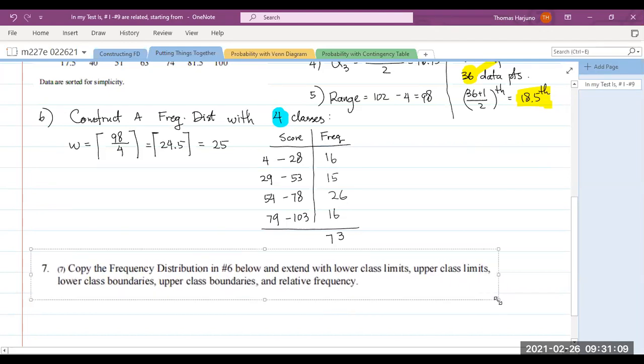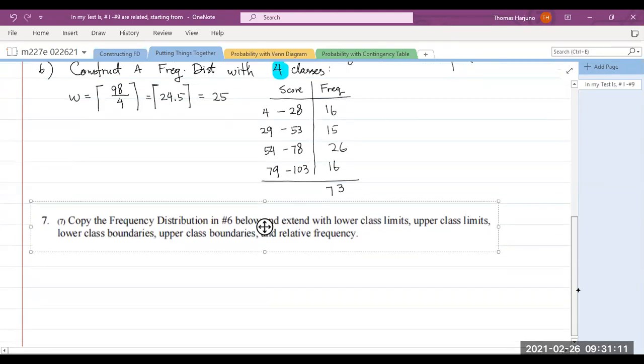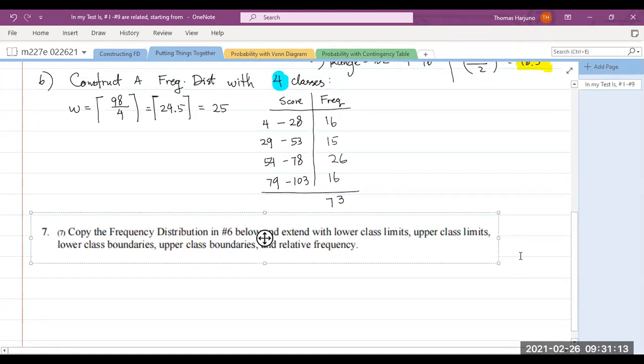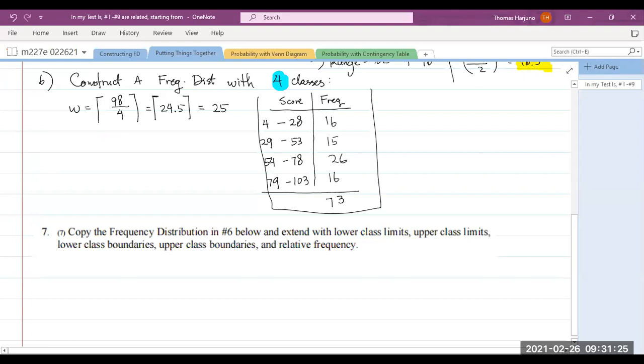Copy the frequency distribution in number 6 below, and then extend it. So the first instruction is to copy that. You need to know frequency distribution means these two columns. Don't do any extension here. I only ask you frequency distribution.